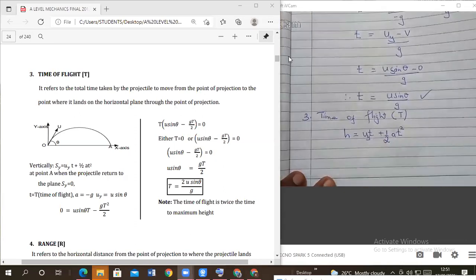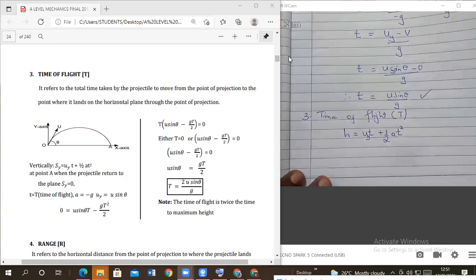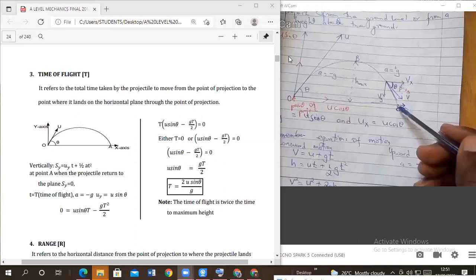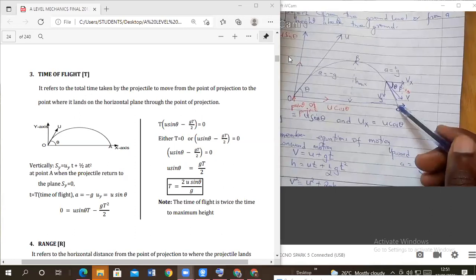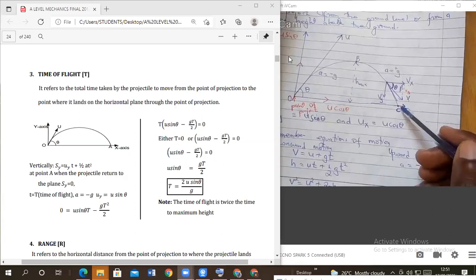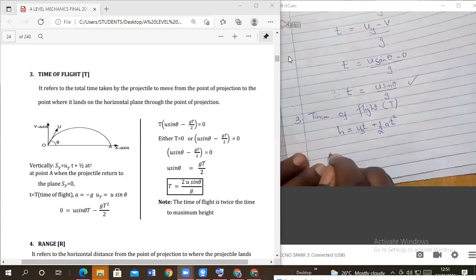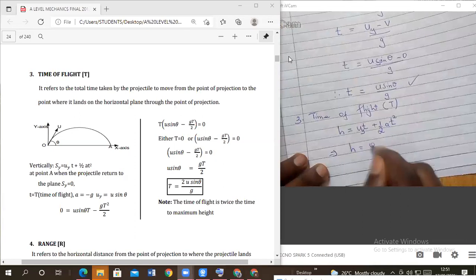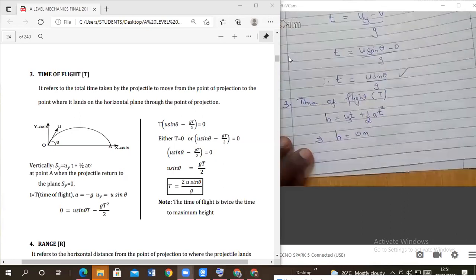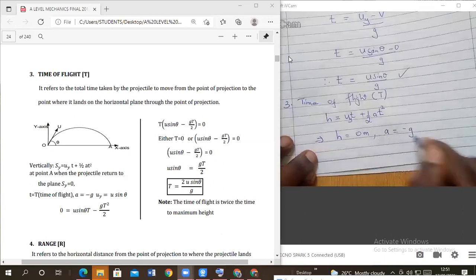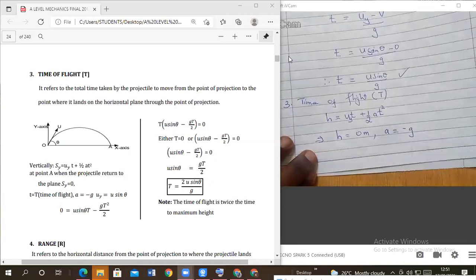Now, when the body reaches this point of projection, is there horizontal distance? Is there maximum height? Is there height at that point? No. Height at this point is 0. So it implies that our height will be equals to 0 meters. And our acceleration will be equals to negative g.